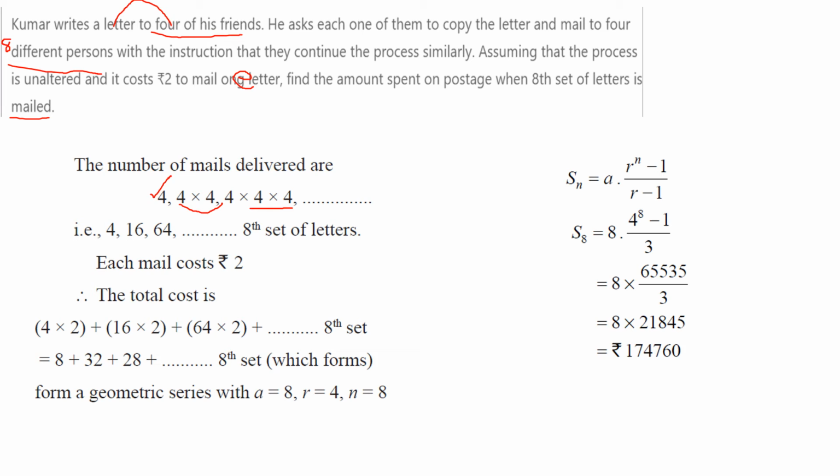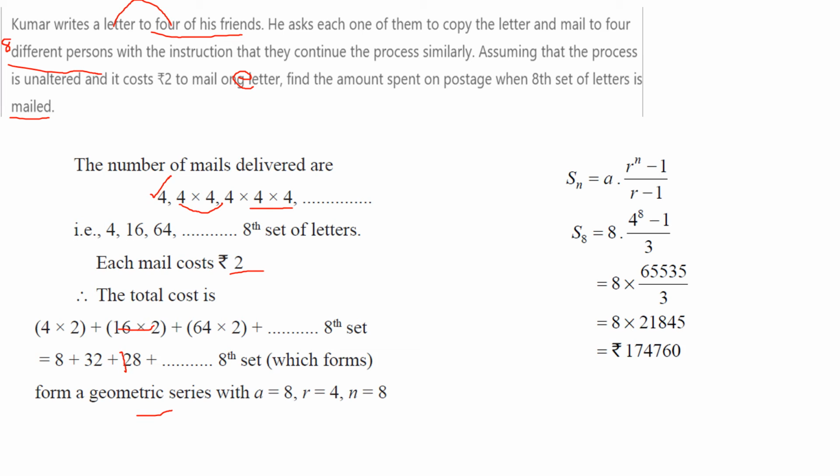8th set of letters. So mail cost is rupees 2. The total cost is, you can multiply 4 into 2 plus 16 into 2 plus 64 into 2, etc. up to the 8th set. So multiply: 4 2s are 8, 16 2s are 32, 64 2s are 128. So here we form a geometric series, GP.